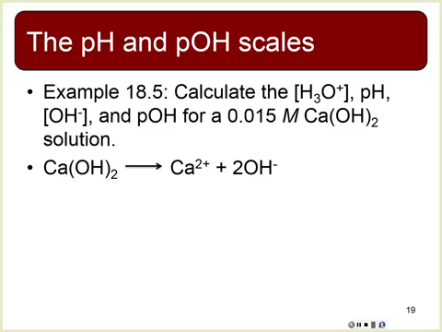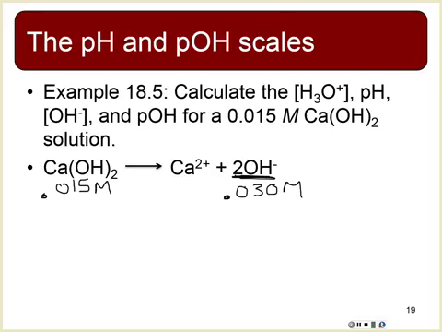Its concentration is this. But what do we notice about our hydroxide concentration? If we break that down, we don't have a 1-to-1 ratio, right? We have a 1-to-2. So technically our hydroxide concentration is double that of the calcium hydroxide molarity.